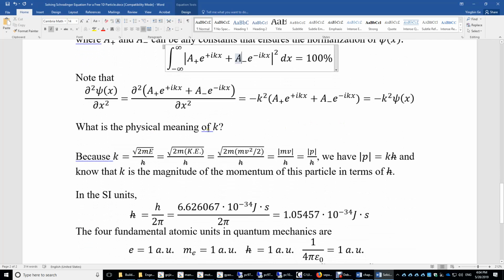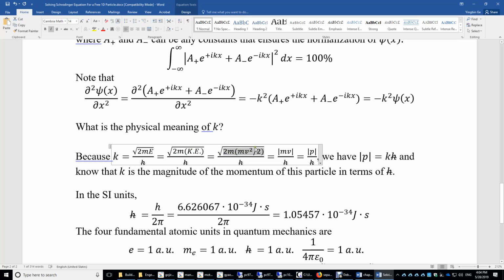Now, what's the physical meaning of k? Remember, k is equal to the square root of 2mE over h bar, and remember, for this particular problem, we have potential energy equals 0, and then E equals simply the kinetic energy, and the kinetic energy is half mv squared. And then we reorganize this, we get m squared v squared.